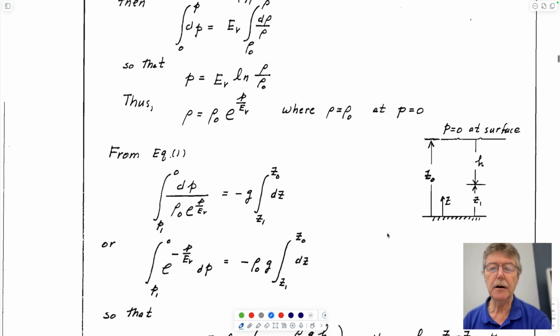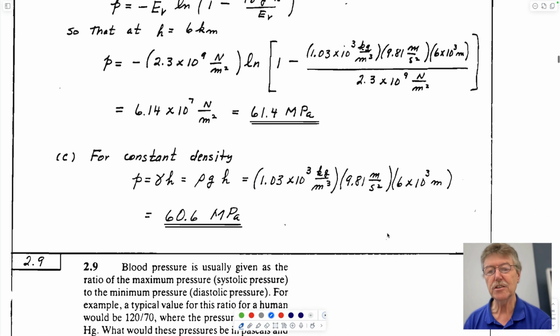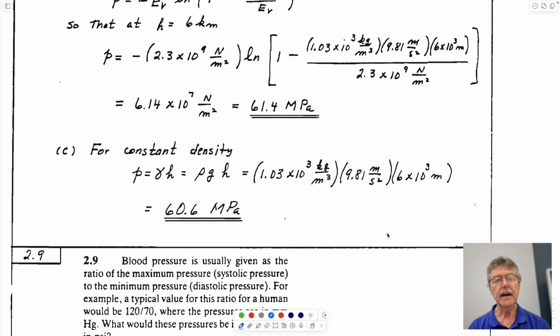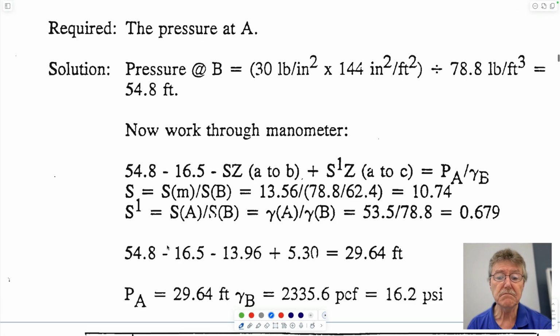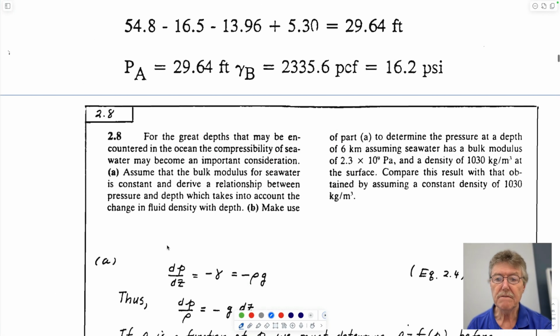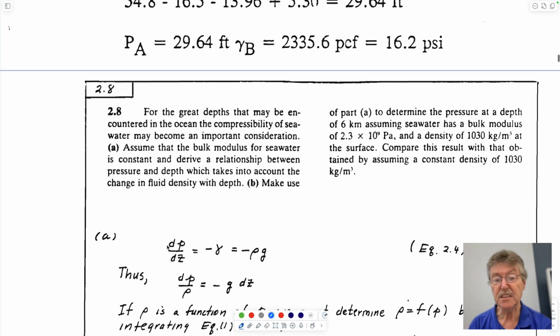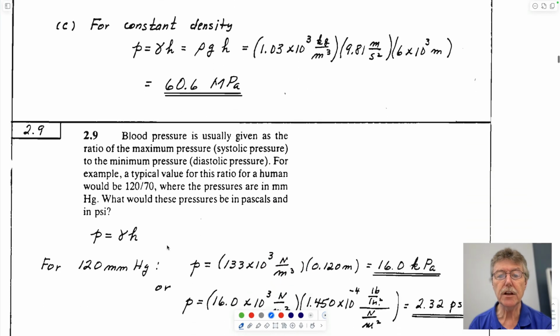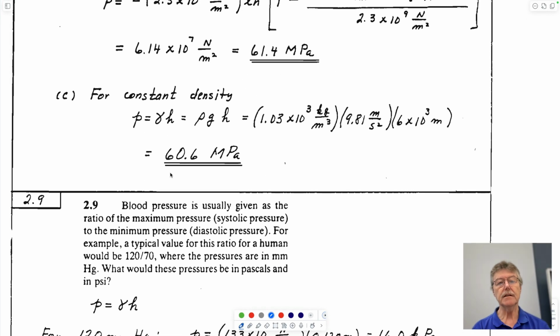And so this last example merely did a calculation, which we won't go through, that compares what the pressure would be at some deep depth to calculate the pressure if it's incompressible, and it comes out to be 60 MPa, and the pressure if you allow it to be slightly compressible so that it gets smaller.